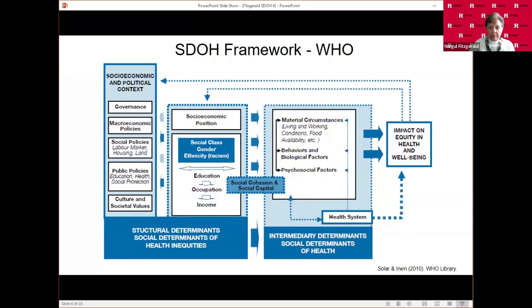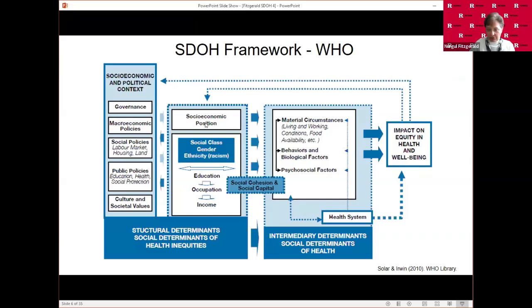Another very important aspect of the World Health Organization model for social determinants of health is to notice these dotted lines and the arrows going all over the place. They indicate the causal pathways and connections between the factors. It helps us understand, for example, in this model, that health outcomes are not the end of it all. It has a feedback loop. It can actually have an influence on the societal policies, for example, depending on those health outcomes.